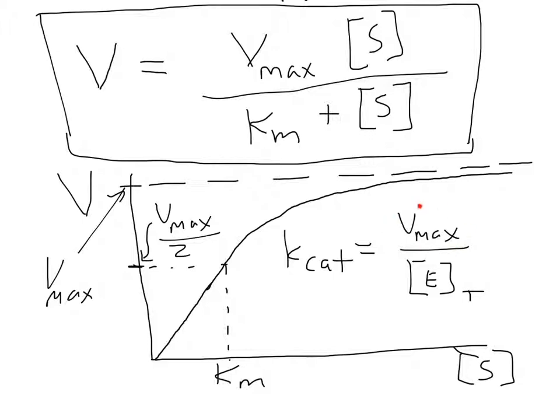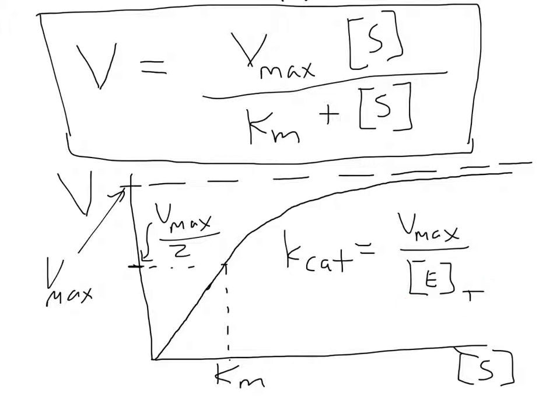So that's up here. Now that has units of molar per second. Kcat is just a first order rate constant. All right? It only depends on the concentration of enzyme. So the Vmax should equal the kcat times the total enzyme concentration, because all of the enzymes are occupied by substrate.